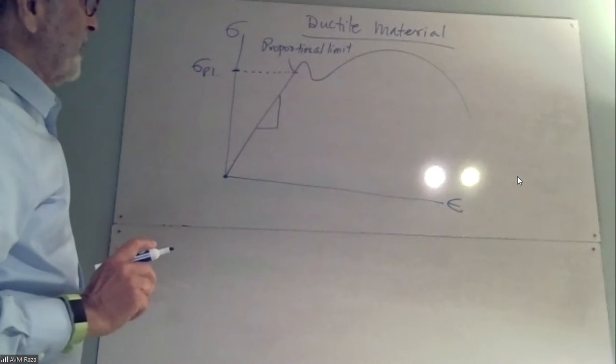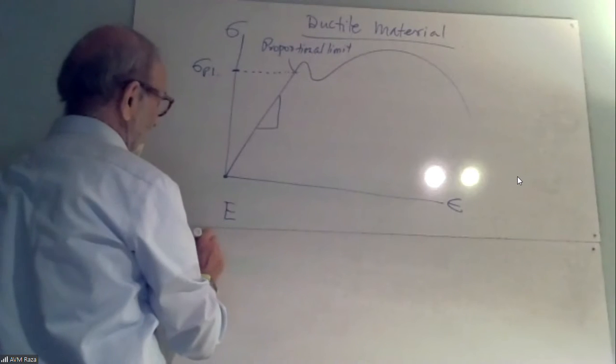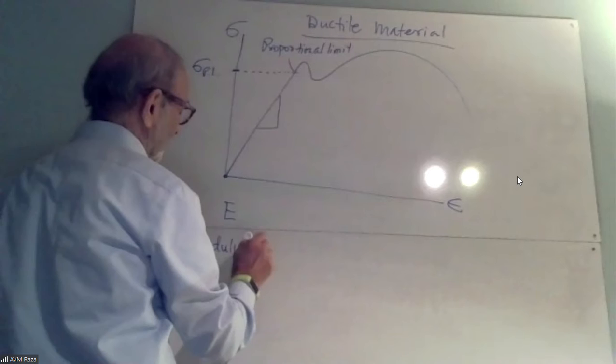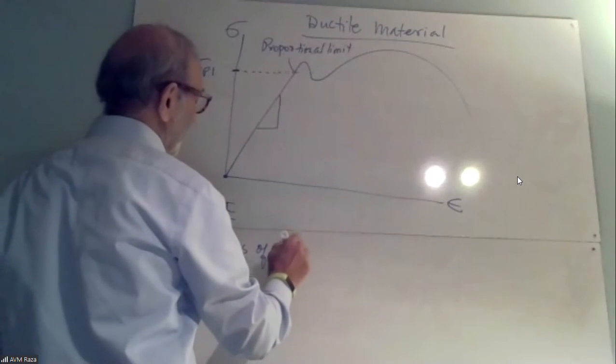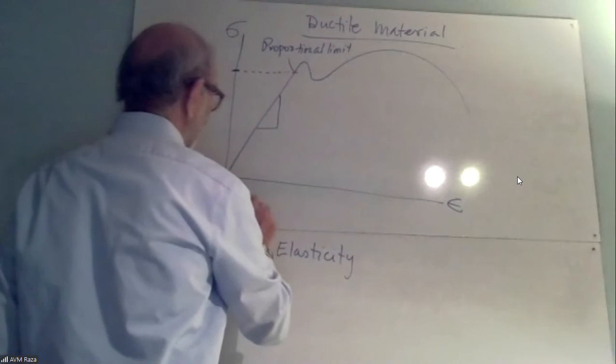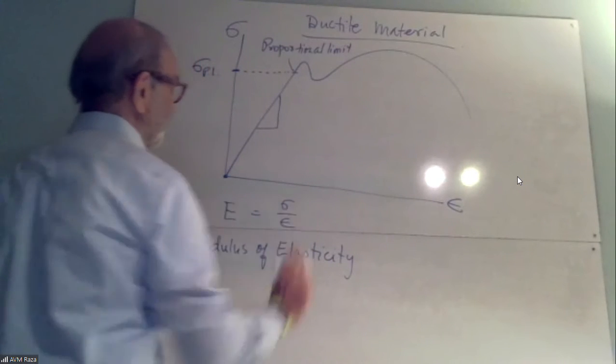And this quantity is called E for modulus of elasticity. Modulus of elasticity, and E is defined as sigma over epsilon.